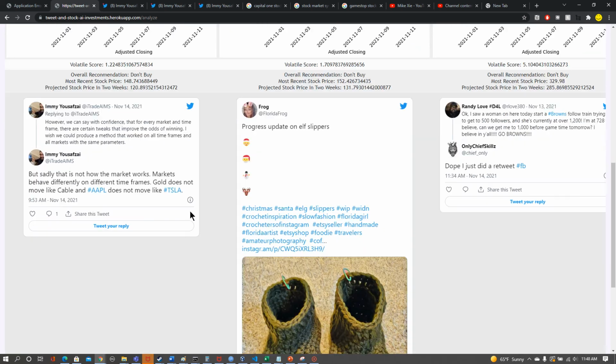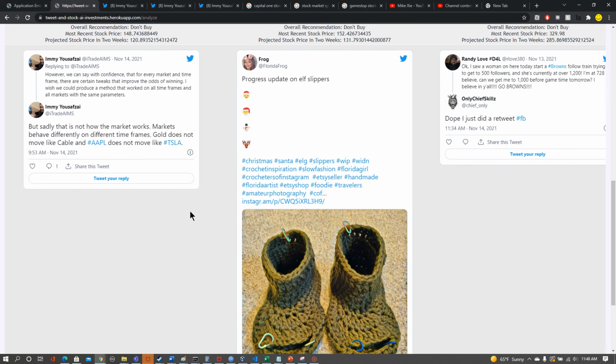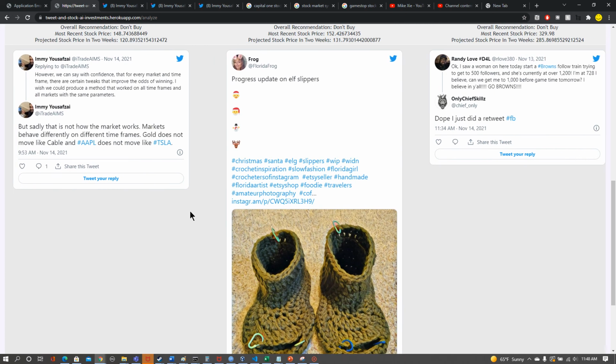Going below the graphs, we give you examples of the tweets that our Python backend has queried using the Twitter API. Using these tweets, we run a sentiment analysis and find how positive or negative they are.